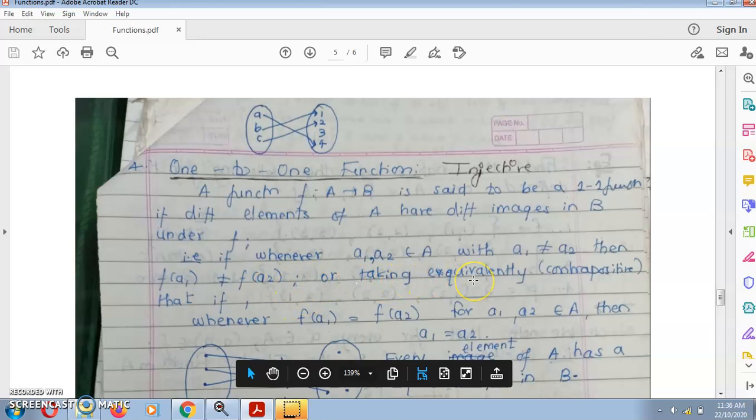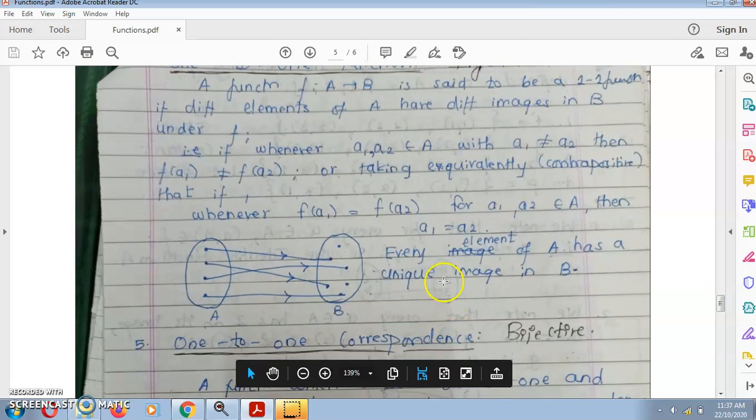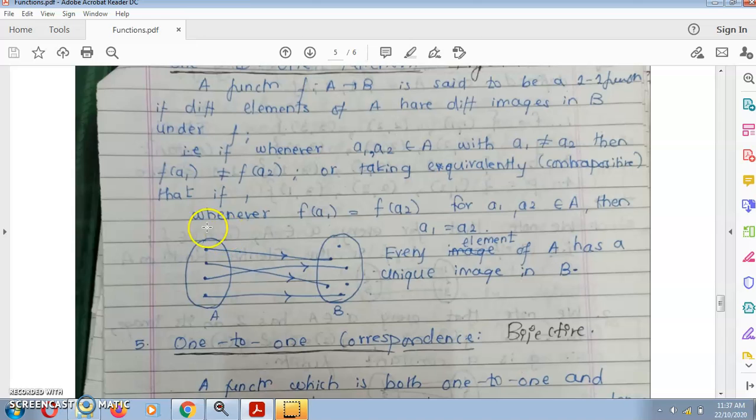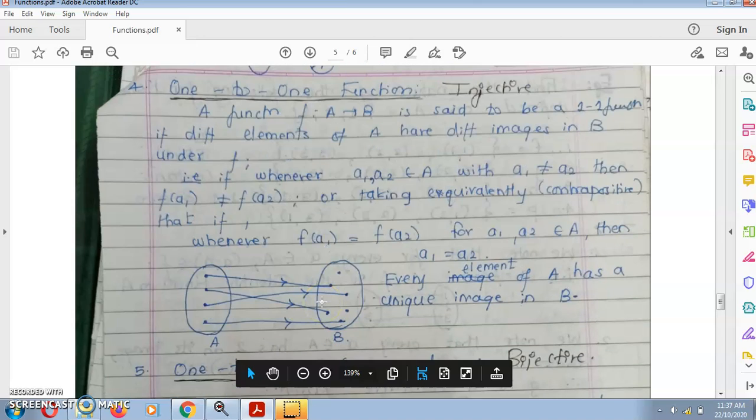Or equivalently, whenever f of a1 is equal to f of a2 for a1, a2 belonging to A, then a1 is equal to a2. Every element of A has a unique element in B. So for that we call it a one-to-one function.